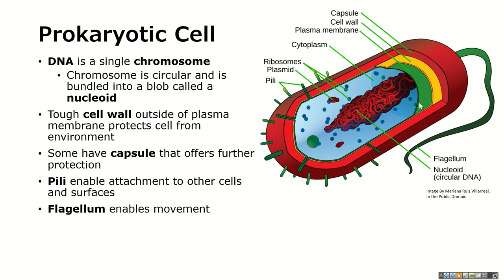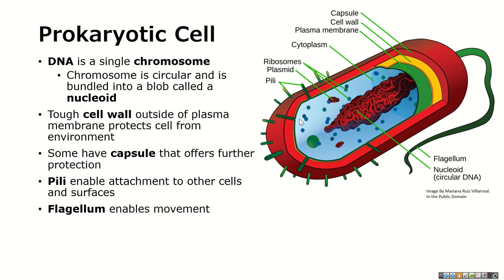Bacterial cells have a cell membrane or a plasma membrane. They have a cell wall around that, which is a tough layer that protects the cell, even in addition to the plasma membrane. And then some of them have a capsule, which is another layer that offers more protection.